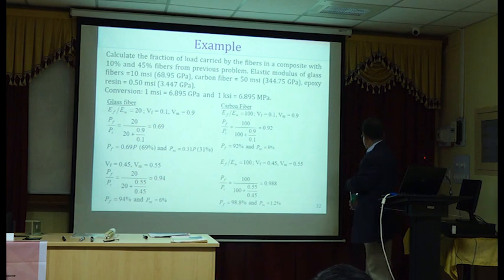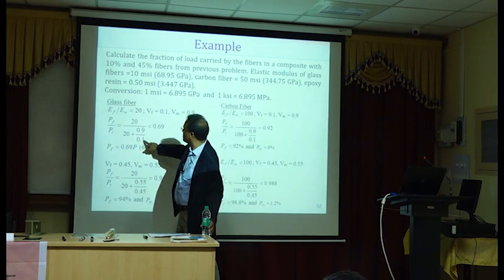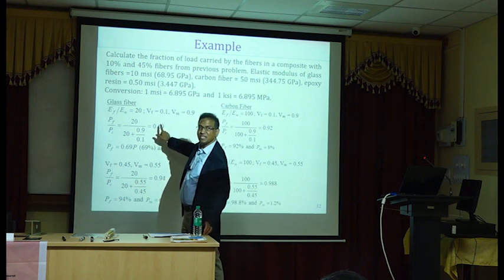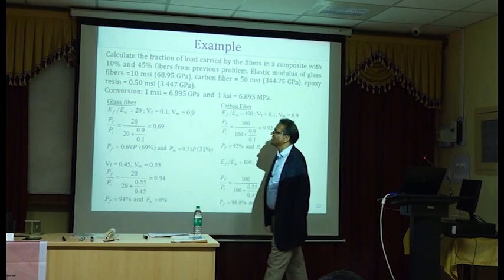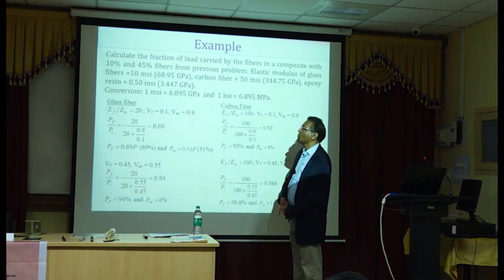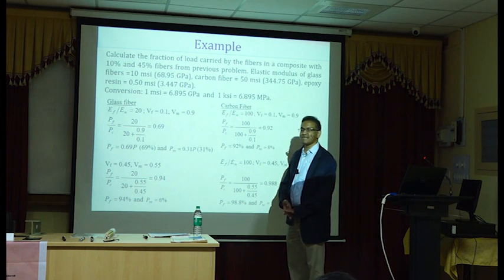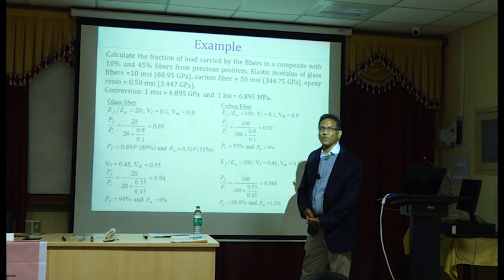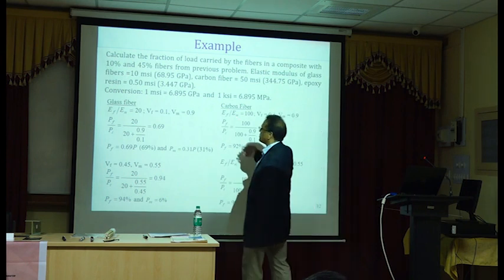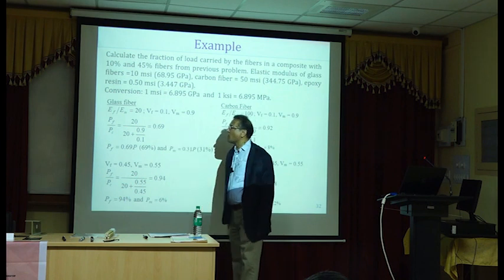With those numbers and with fiber volume fraction of 0.1, that is 10%, you will see PF over PC is 69% just with 10% fiber volume fraction, even for glass. That's where the advantage is. So even for glass, 69% of the load is carried by the fiber.